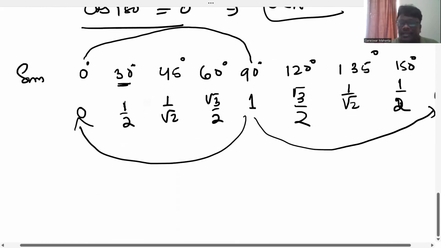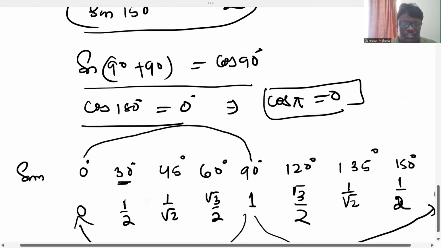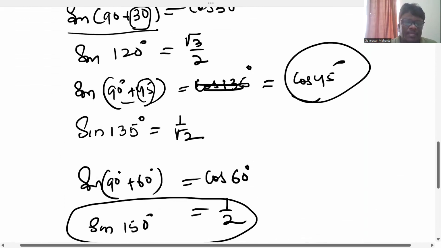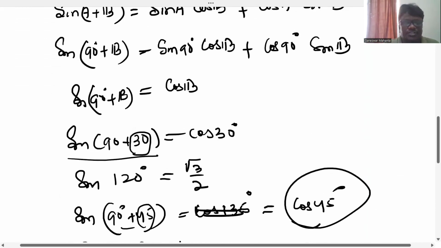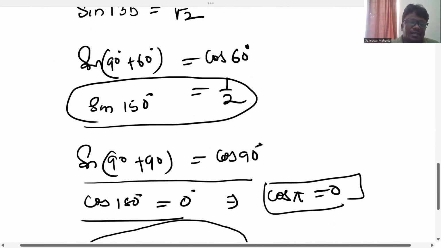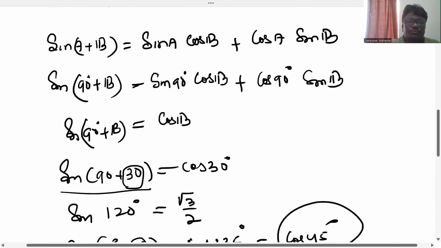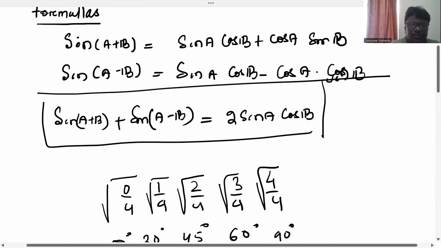Again, we discuss only sine. Sine 90 minus theta, that is cos theta. What is the value of sine 90 minus theta? You check here, the sine A minus B formula you have to adopt. What is the formula for sine A minus B?